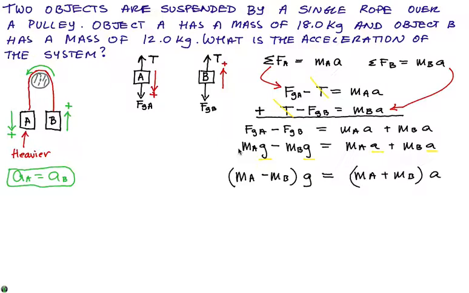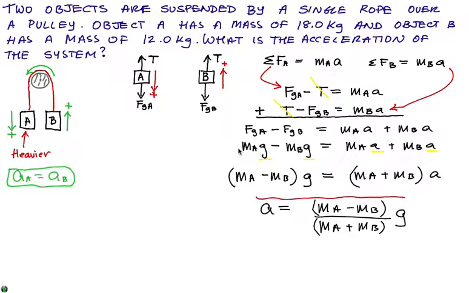So I can rearrange everything to read the acceleration is MA minus MB over MA plus MB times g. And I'm not going to plug and chug the numbers here. That's not as important as realizing how you get to this step.